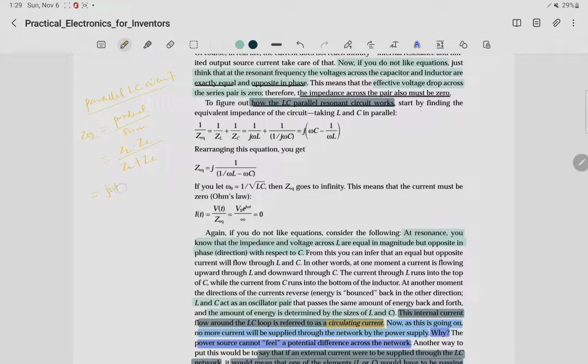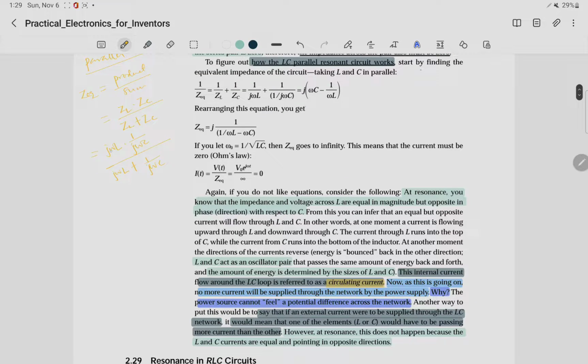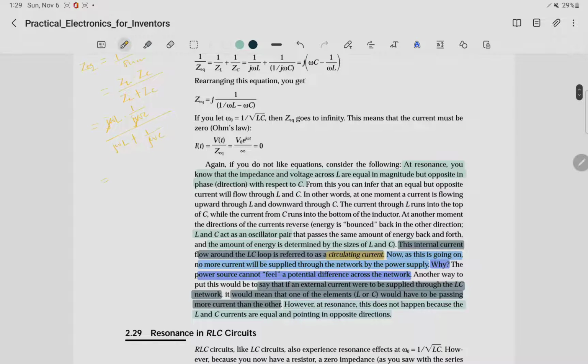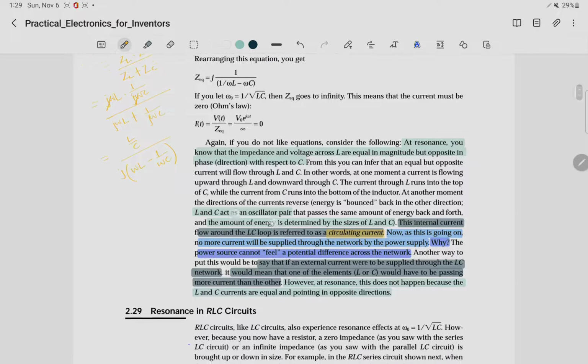It's j omega L times 1 over j omega C, over j omega L plus 1 over j omega C. We see that the j omega and j omega cancel in the numerator, so we remain with L over C divided by j omega L minus 1 over omega C.